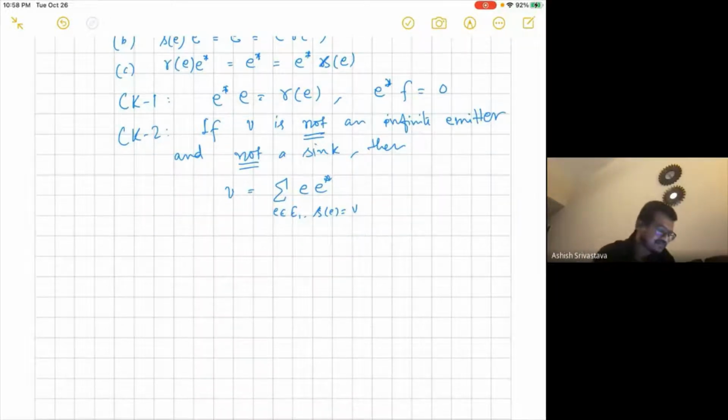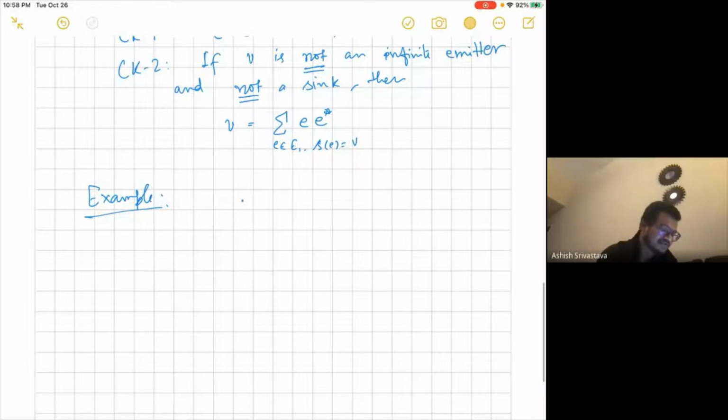To see some quick examples, if you have not seen it before, maybe this will make your life easier. Let's take a very simple case.